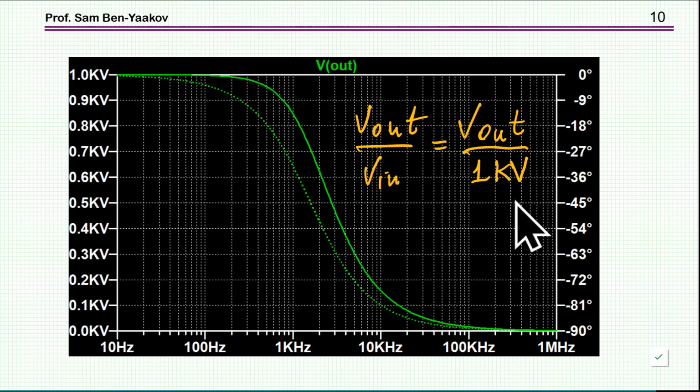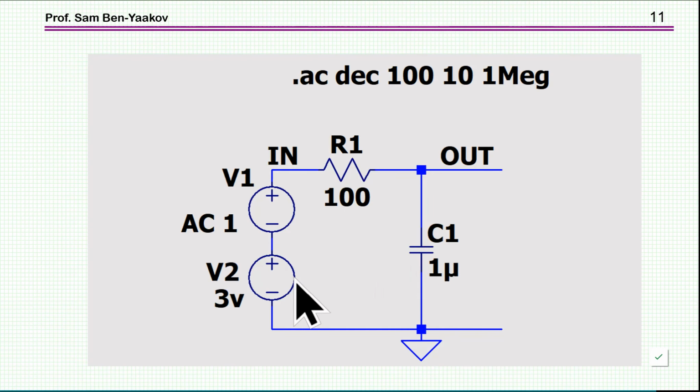So the point is, again, that for AC analysis, you can use any amplitude you wish. Very convenient to use 1, because then you don't have to divide anything by anything, because it's just one unity signal.